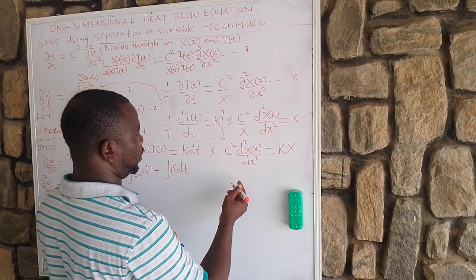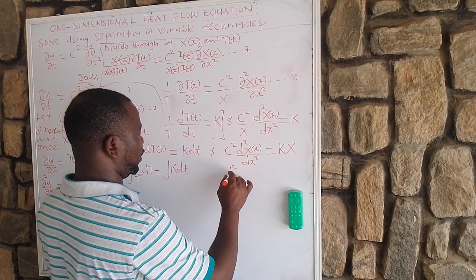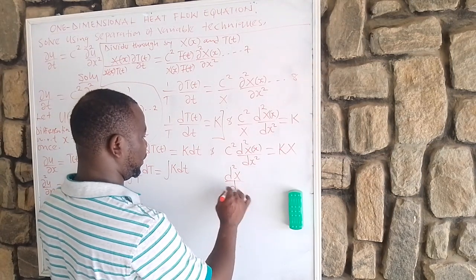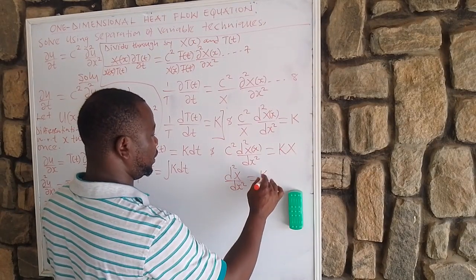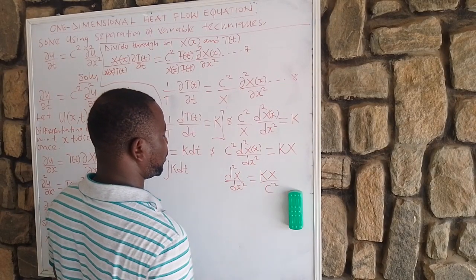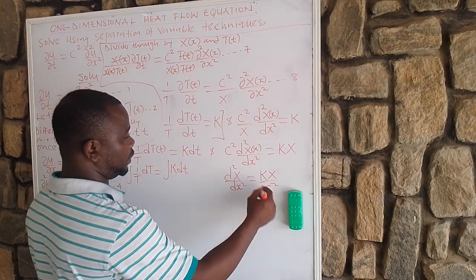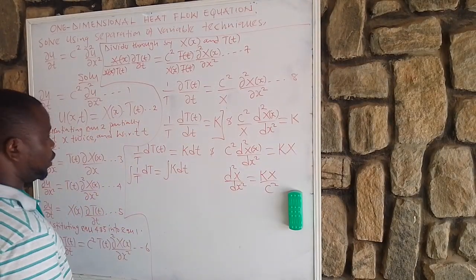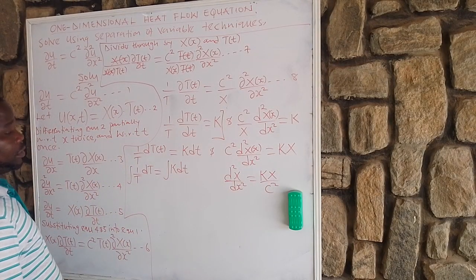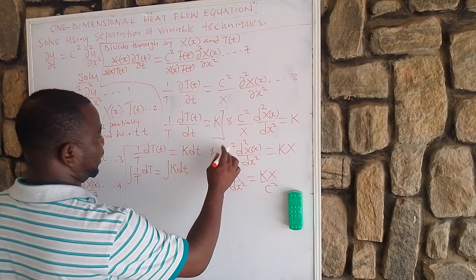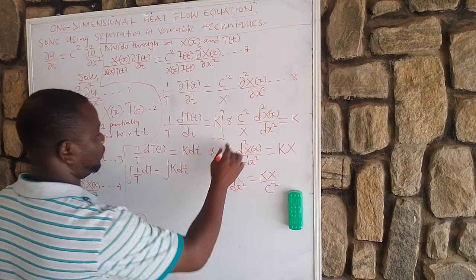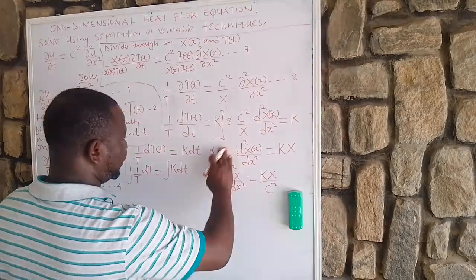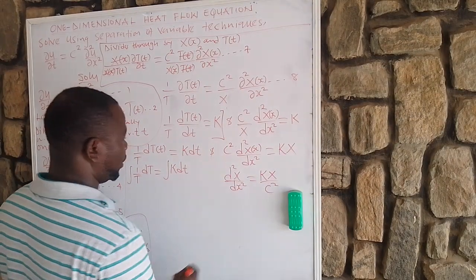If we divide through by c squared, we are going to have d square X all over dx square equals X all over c square. If c squared is 1, it is not necessary to carry it along. But what if here is 3, instead of c square? So for the purpose of this, I'm carrying it along.